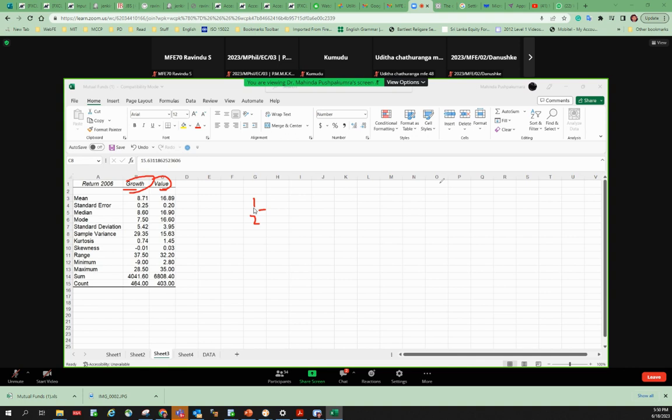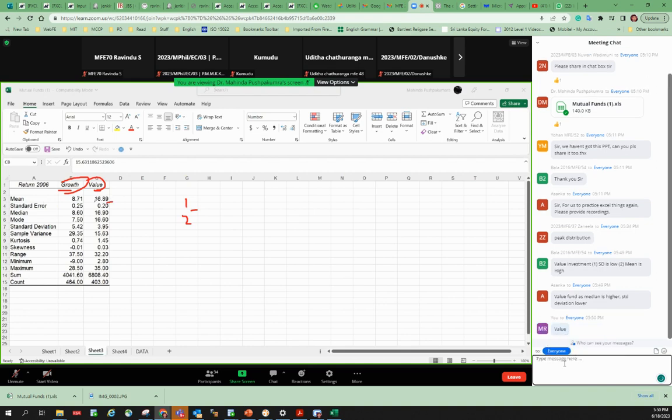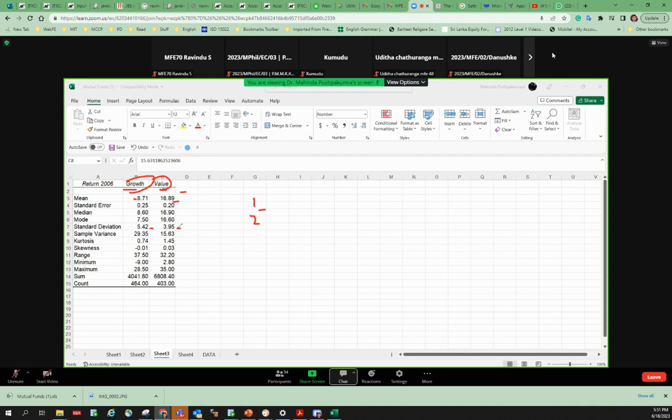Both say that they are going to invest in value funds. The reason is the average return is higher. This is 8, this is 16, double. Then any investor would move to value funds. One reason is the mean is higher. The other reason is low standard deviation.